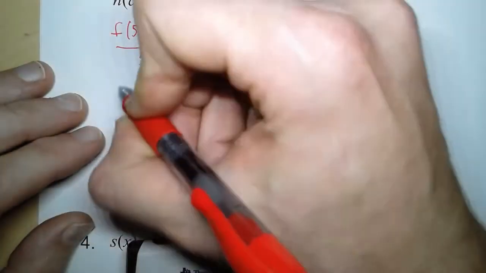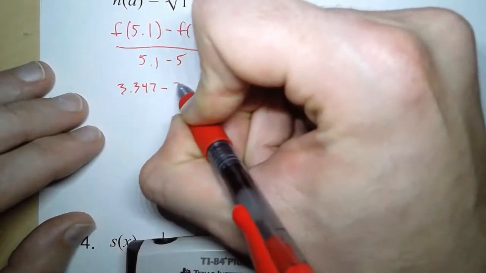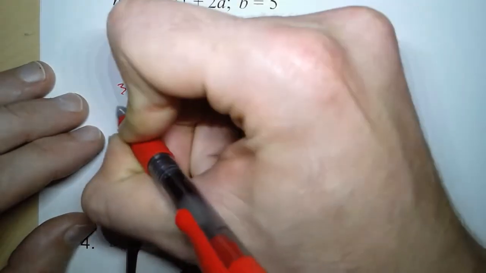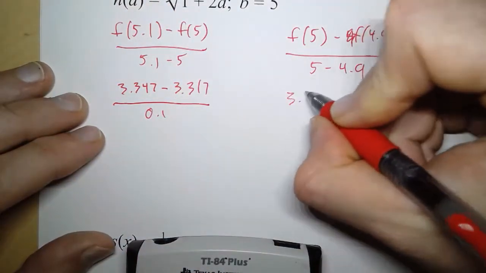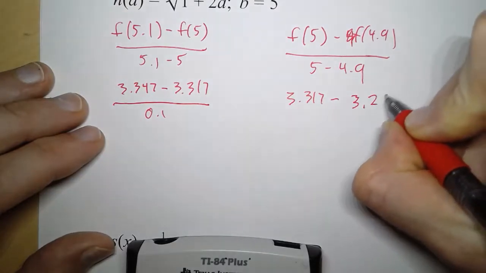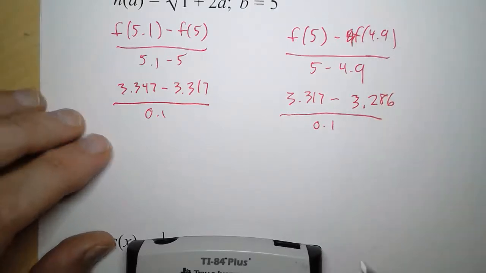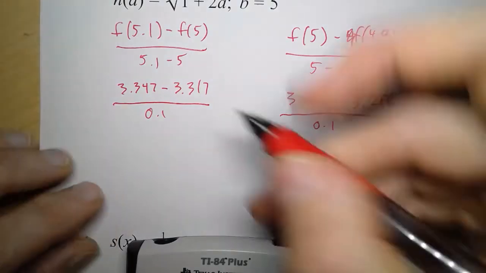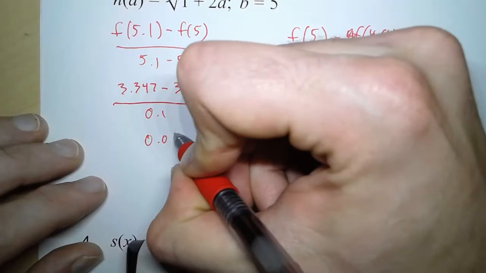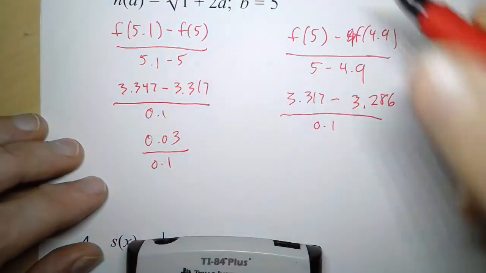So 3.347 minus 3.317 all over 0.1. Here we have 3.317 minus 3.286, 0.286 all over 0.1. So we have 0.03 over 0.1.